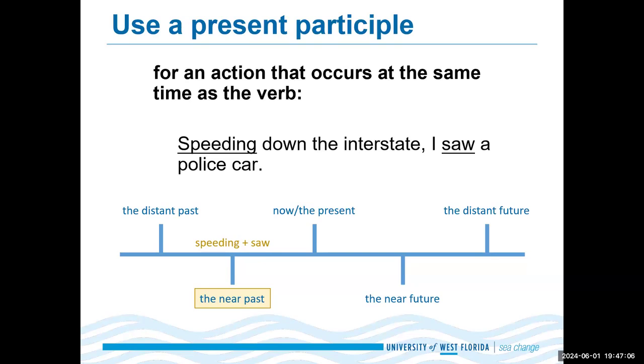So it's like this: speeding down the interstate, nang bumababa ako sa interstate, nakita ko. Hindi naman po pwedeng makita ko using the future tense, I will see, no, it's not. It's really I saw, nakita ko ang police car. So that's an action that occurs at the same time as the verb. So that's what we call a present participle.